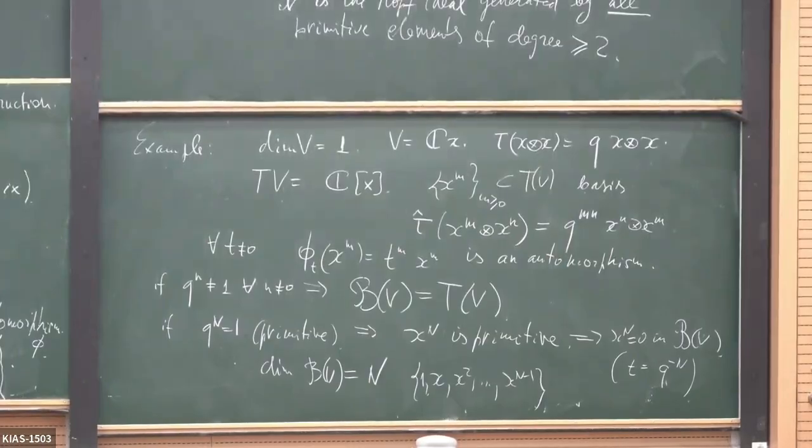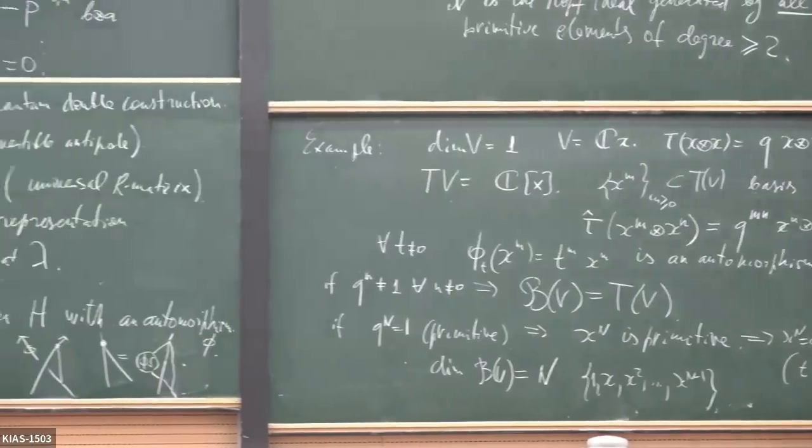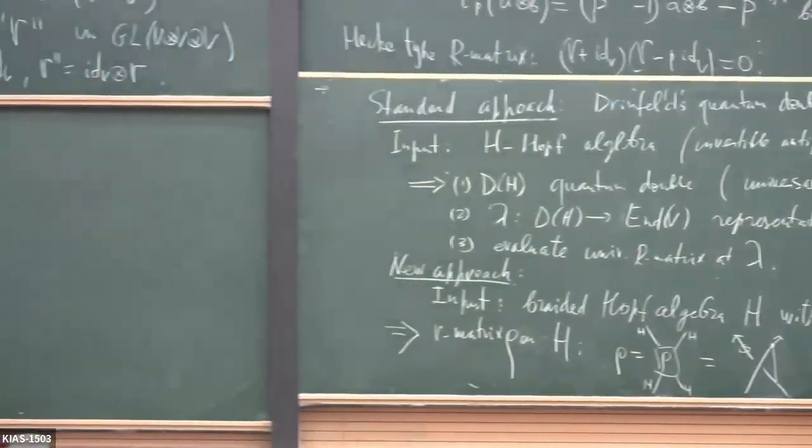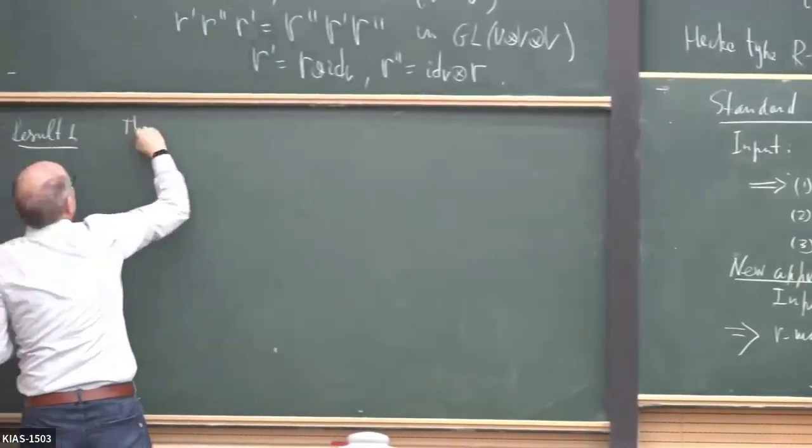Okay, now I turn back to this example, and I use it as an input braided vector space. So result 1 of my today's talk is the following theorem.